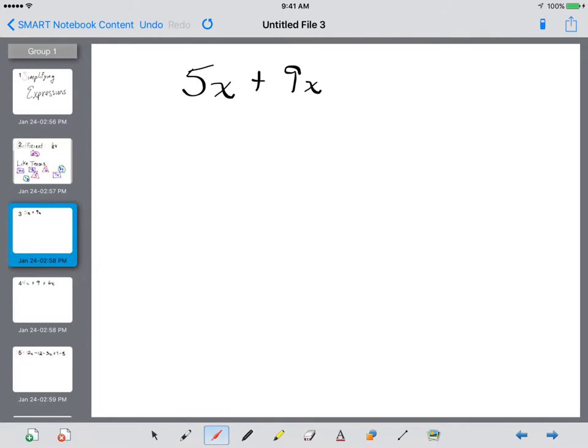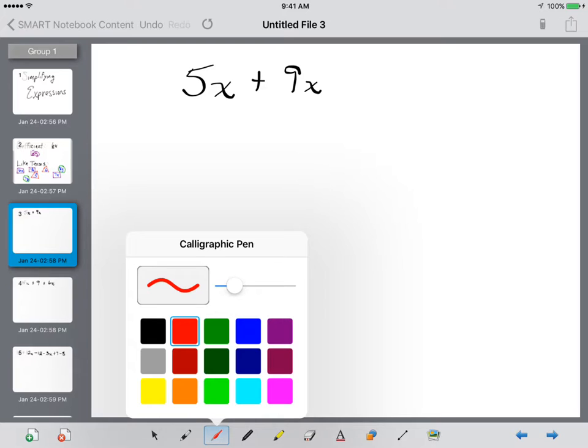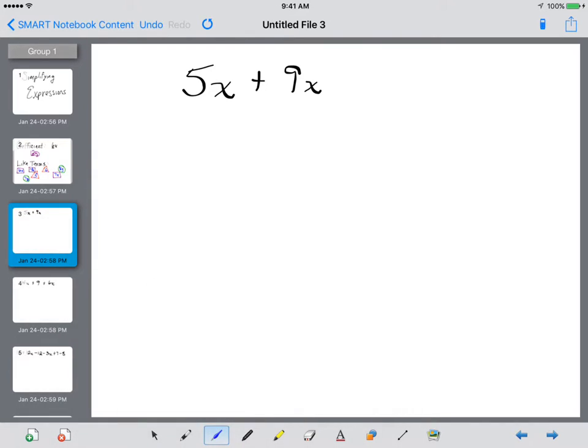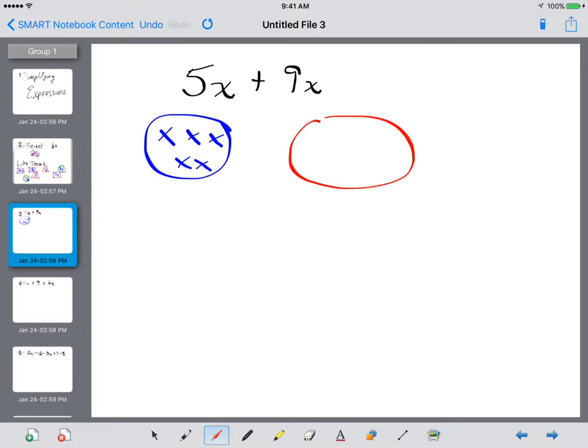In a second here, we're going to talk about how we can combine these like terms. So let's suppose we need to simplify the expression 5x plus 9x. Well, 5x means that I have 5 of them. So I've got a bucket where I've got 5 x's sitting in there. We just use the number 5 rather than writing all these x's out. 9x means that in bucket number 2, I have 9 x's.